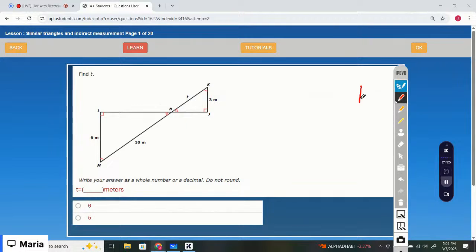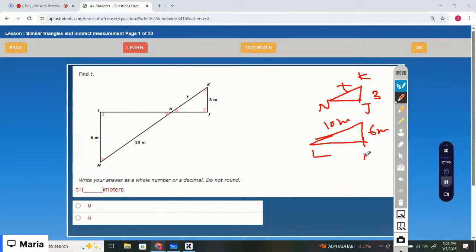So the triangles are like this. That is K, J, and you have to find T, and here you have 3. That is 6 meter, 10 meter, and L, N, M. So basically the triangles are similar triangles.